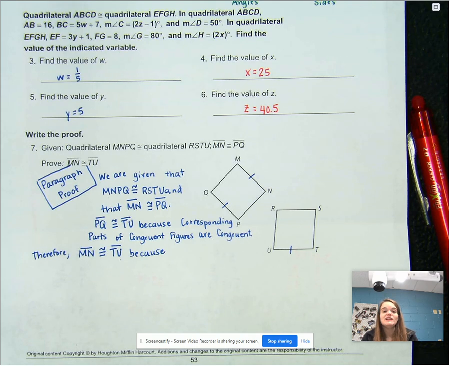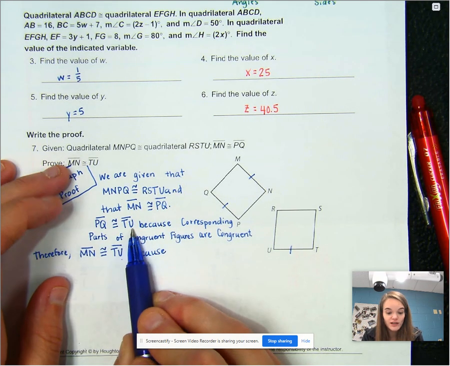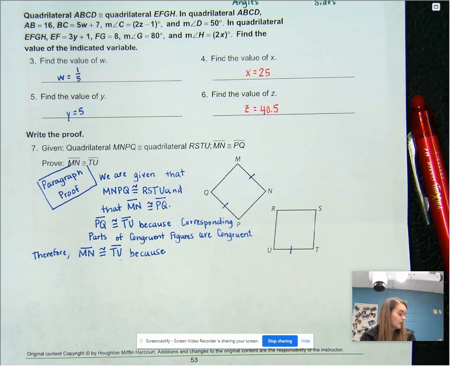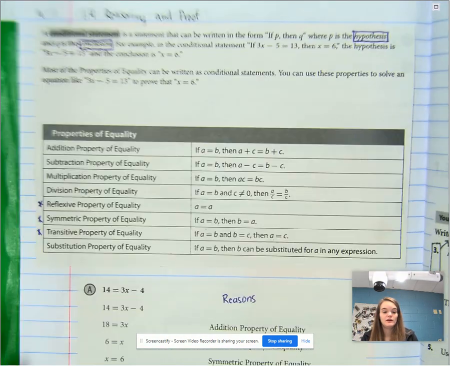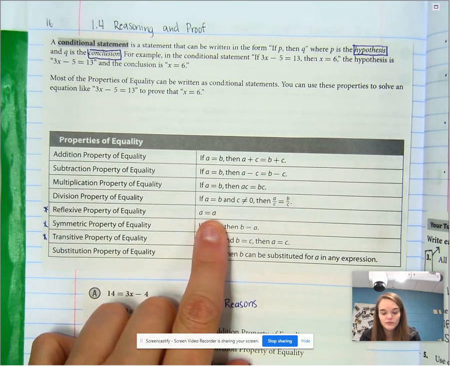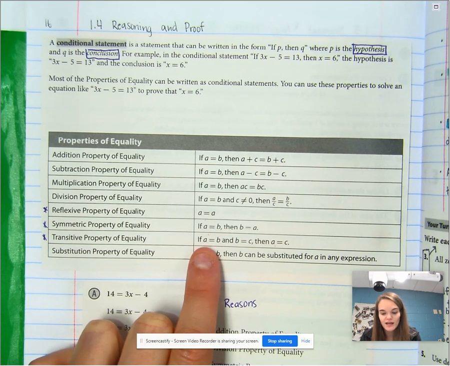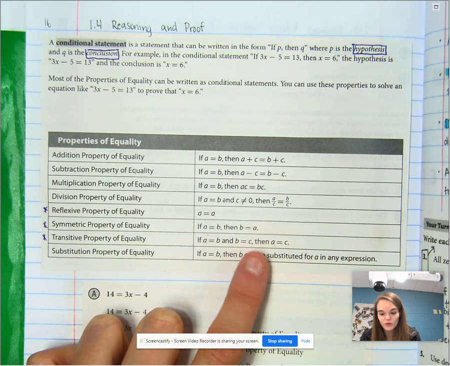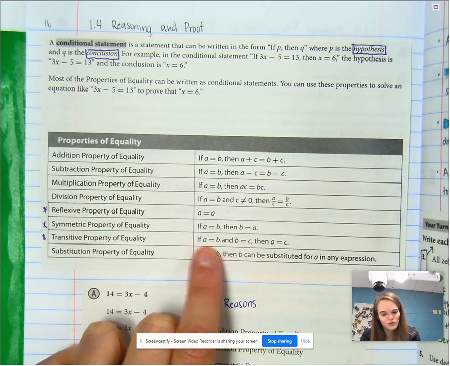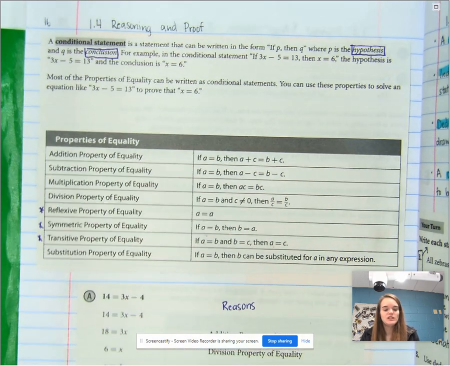Your reason is on page 16. So flip back, look at page 16, the chart, and see which one says, since this is congruent to this, and this is congruent to this, these two are congruent. Now look at our chart. This one right here. It's one of these. Let's see. Is it reflexive? No. Symmetric? No. Transitive? Ooh. If A equals B and B equals C, then A equals C. Well, if MN equals PQ and PQ equals TU, then MN is congruent to TU.